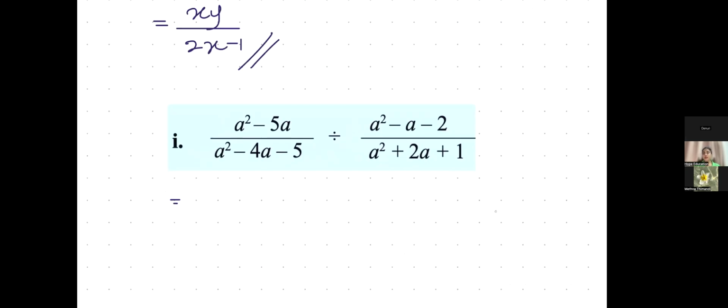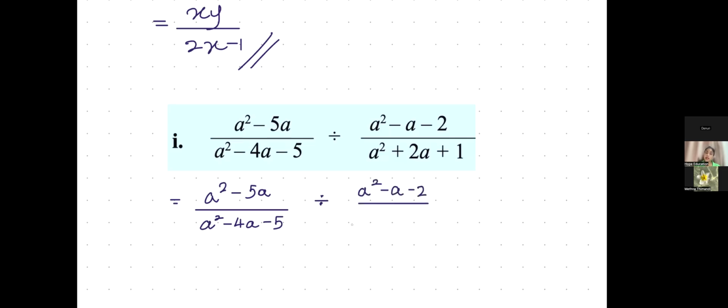A squared minus 5a, first we do the reciprocal, right? So a squared minus 5a divided by a squared minus 4a minus 5, division a squared minus a minus 2 divided by a squared plus 2a plus 1.